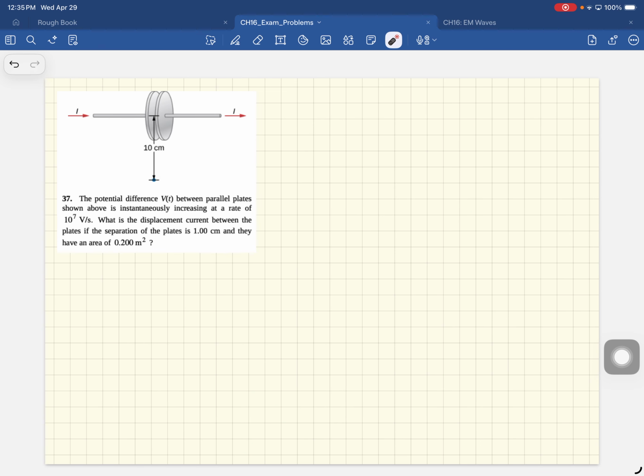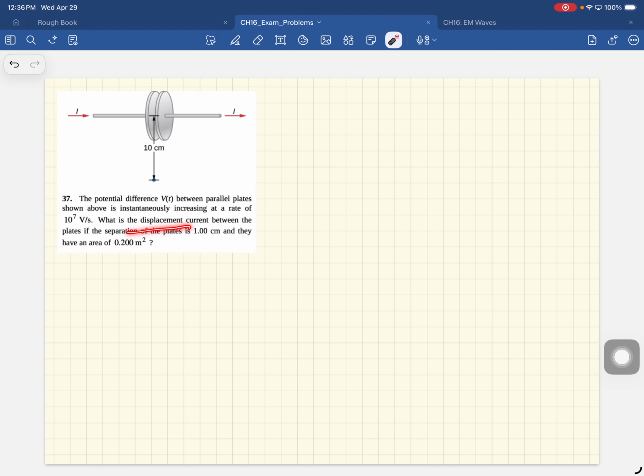All right, so here's an example. So here's a capacitor. You're charging it. The potential difference V(t) between the plates shown above is instantaneously increasing at the rate of 10 to the 7 volts per second. What is the displacement current? So you just saw that the displacement current is capacitance divided by area times del V by del t.